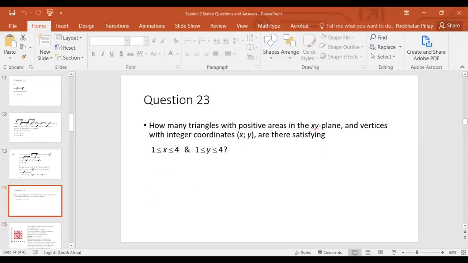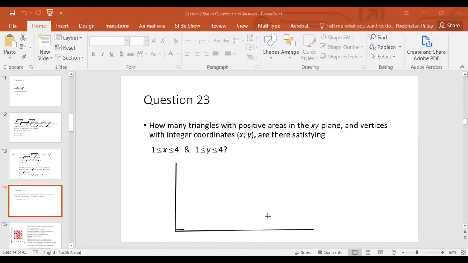I'm going to sketch this region in the plane, because you've got the XY plane. So let's just draw the x-axis and the y-axis. They say positive areas, so let's just get into the first quadrant.